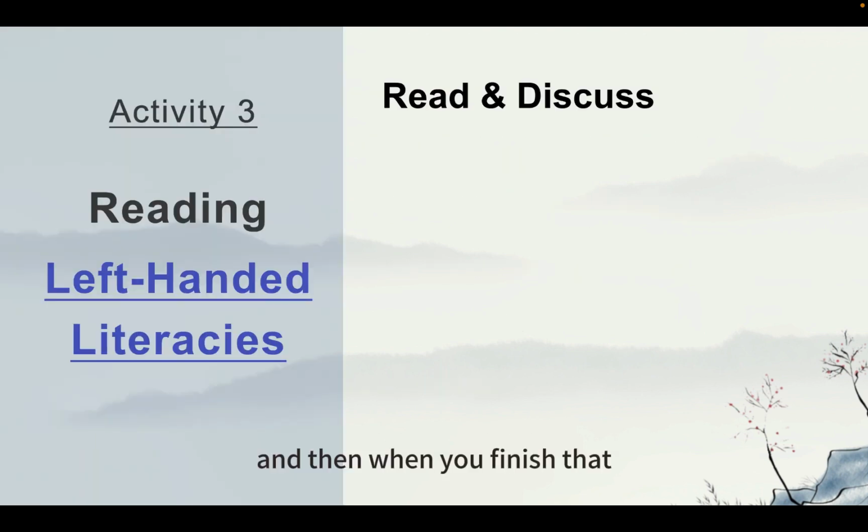And then when you finish that, I would need you to read this article because I think it's interesting. It's also not long. So the title is Left-Handed Literacies. Left-Handed Literacies was written by Jenny Blue from a left-handed person's perspective.